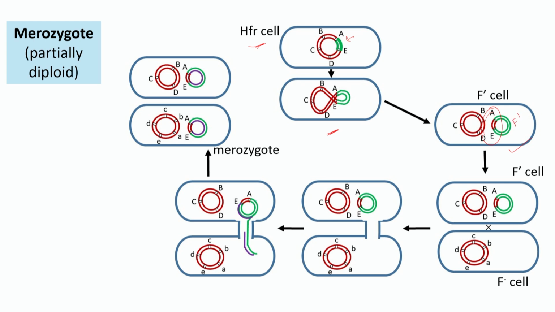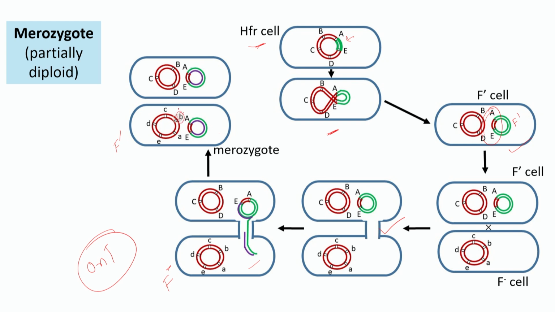So these A and E from the bacterial genome get integrated into the F factor, and then when this F factor comes into contact with an F minus cell, they make the sex pilus and start transferring their DNA. Remember, I told you the transfer point is oriT. So when they start transferring their DNA, the F factor along with the bacterial genes gets transferred into another F minus bacterial cell, which becomes F prime.